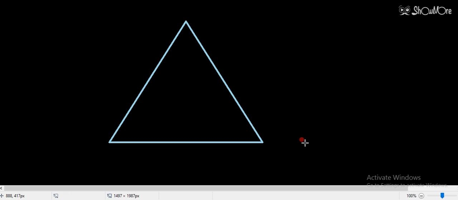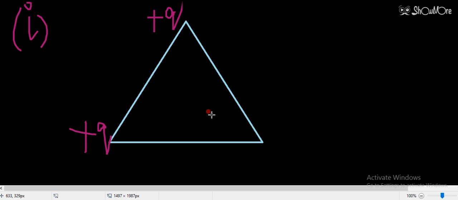So this is the question. According to the given question, let's talk about the first part first. He is saying that this is plus Q, this is plus Q, and this is also plus Q. So all are positive charges. Now the electric field due to this plus Q at point C will be along this direction.